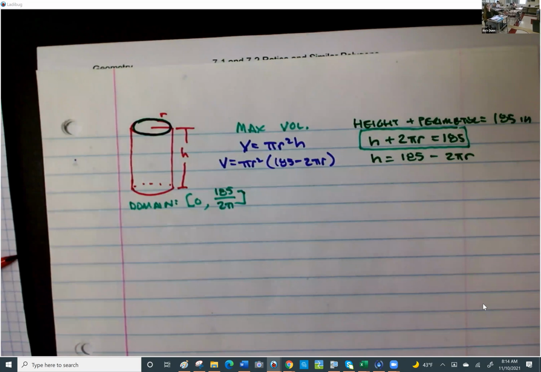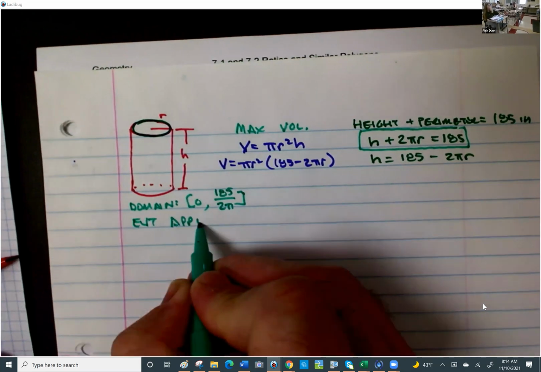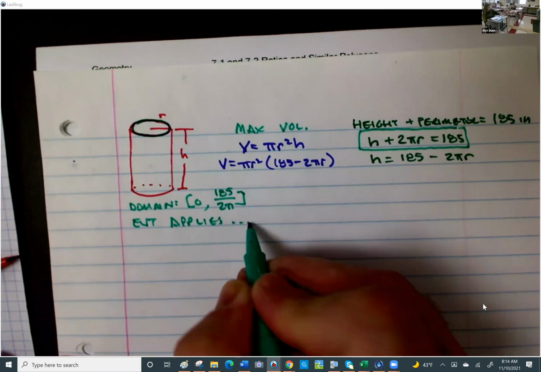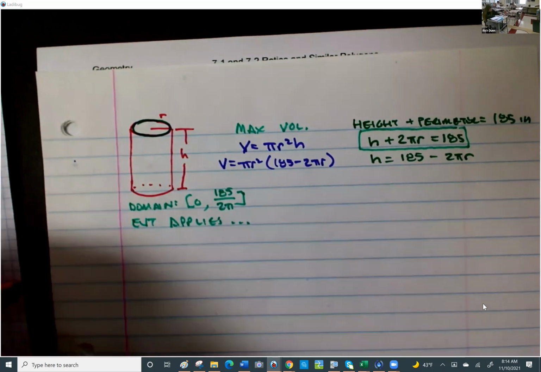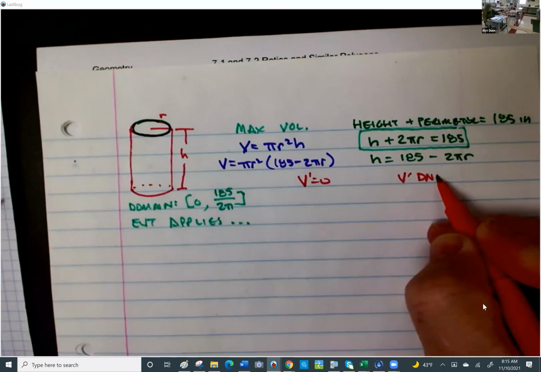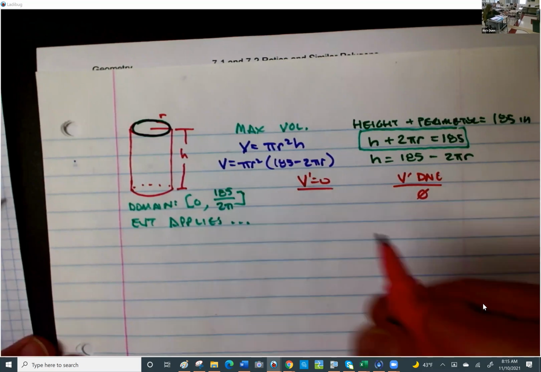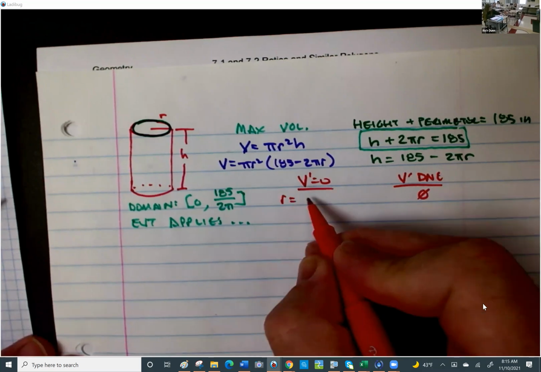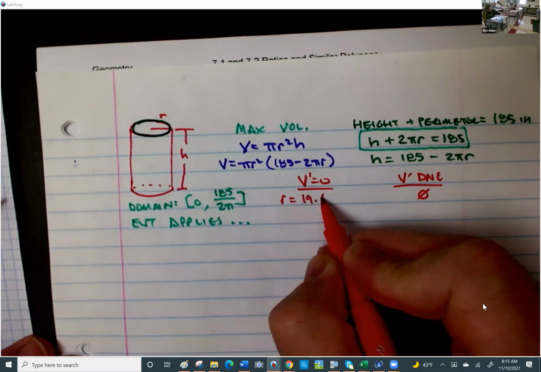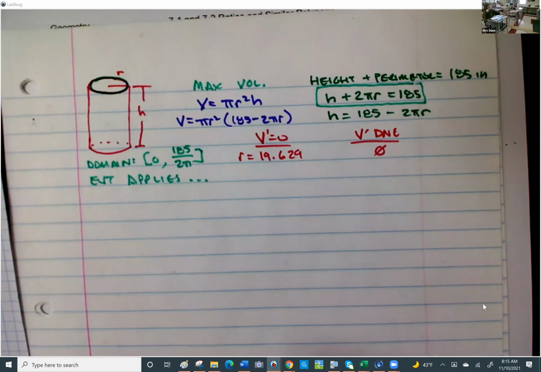Whatever that is, it helps me out because the EBT applies, which means when I go to my V prime equals 0, my V prime does not exist. I'm going to put all that in my calculator. And again, in the interest of time, 19.629 is this value. And again, I trust you're able to use your calculators.